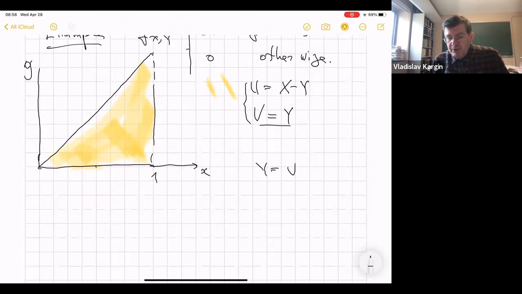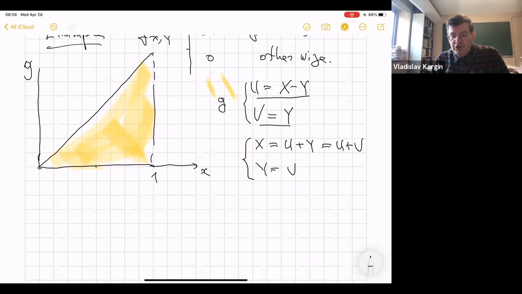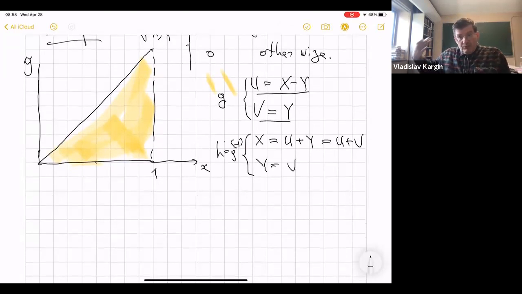From the first equation, x is equal to u plus y, but y is equal to v, so x is equal to u plus v. This is our inverse transformation. We'll call the original one G, and this is H, equal to G inverse. The nice thing is that it exists, since it's a 1-to-1 transformation.